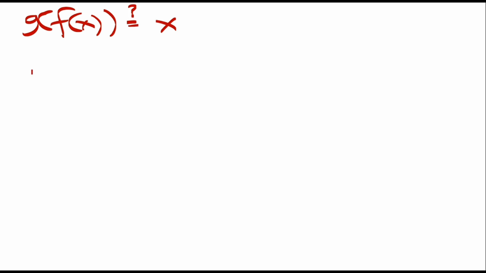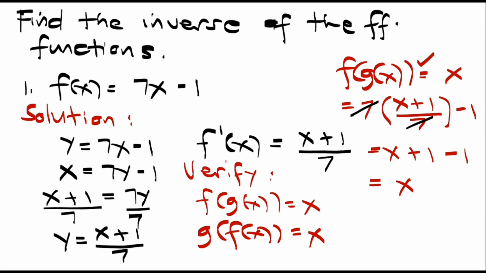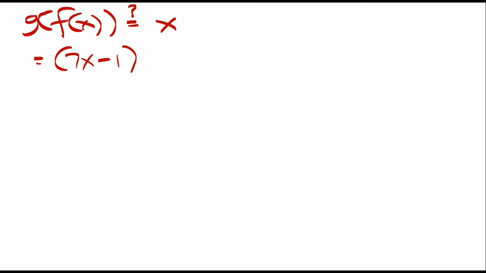So we have 7x minus 1, then we have plus 1. Okay, this is actually x plus 1, but x is replaced by f of x, and that is all over 7.